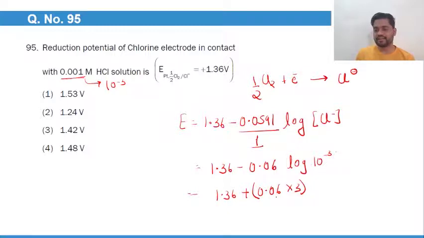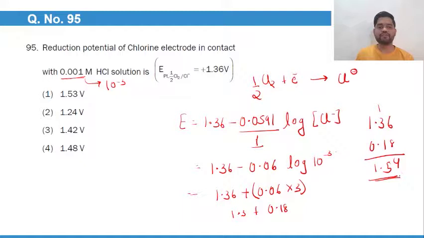So 3 6s are 18, so this is 0.18 plus 1.36. So 8 6 14, 5, 1.54 around. Option number 1 will be the right answer.